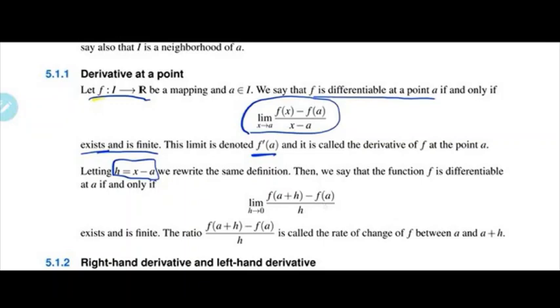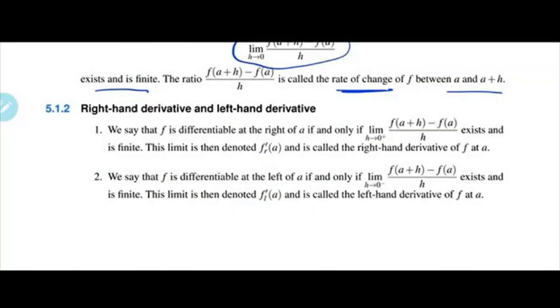So we are calculating the derivative at a, and the point that is moving close to a will no longer be x, but it will be a plus h, because it's a plus a given step, which is h, and the limit will be calculated when h tends to 0, so when a plus h tends to a. So we say that the function is differentiable when this limit exists and is finite, and this ratio is called the rate of change of f between a and a plus h.